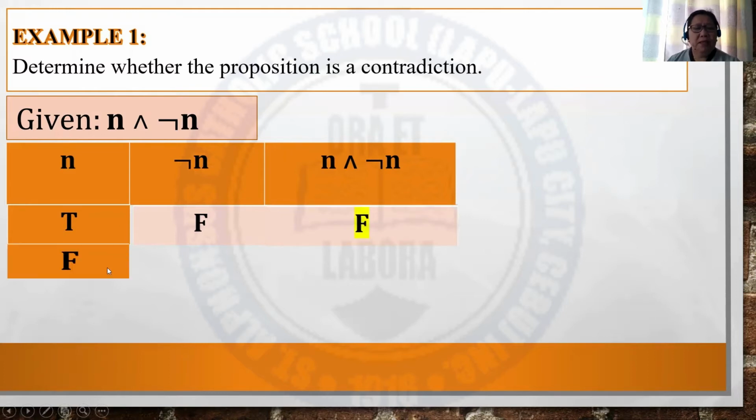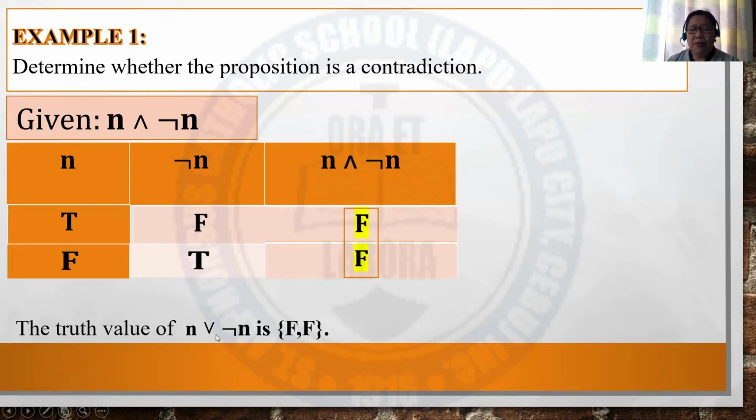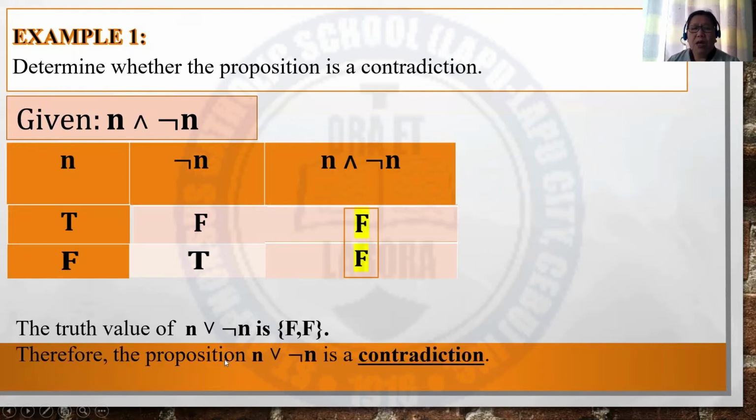And if n is false, so not n is true, then the conjunction is also false. Then the results are all false. Then the truth value of this conjunction is F and F. Therefore, the proposition of the given conjunction is a contradiction.